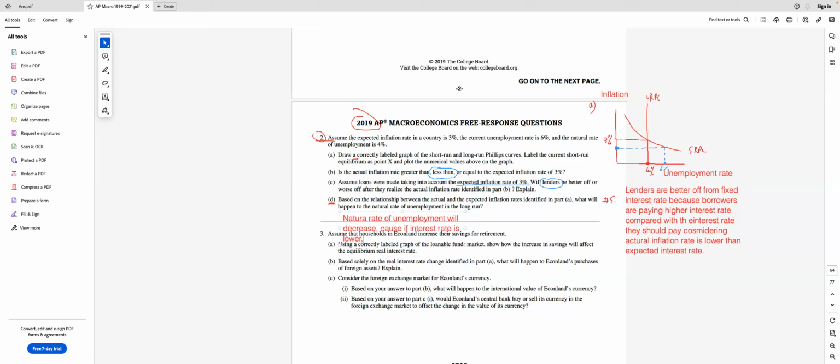Because if interest rates are lower, producers will borrow more money for investment, leading to stock accumulation, which is good for economic growth.